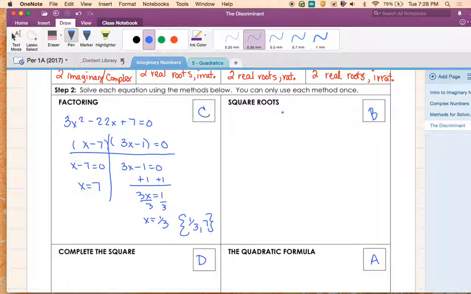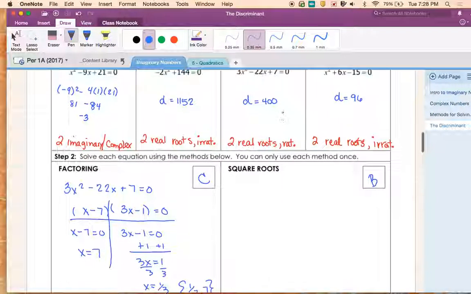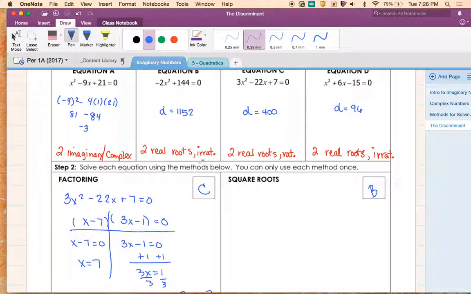So there's our solution, 1/3 and 7. Now I'm not going to solve all these. On the square root one, that one was your B. So negative 2x squared plus 144 equals 0. I would need to move the 144 over there. I get negative 2x squared is equal to negative 144.